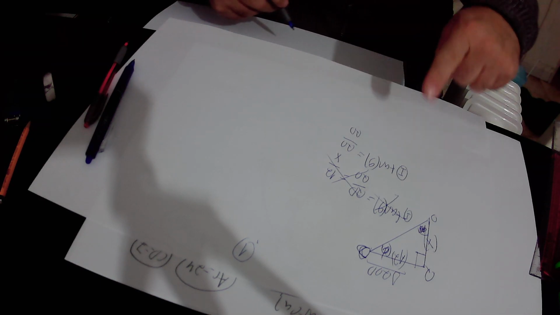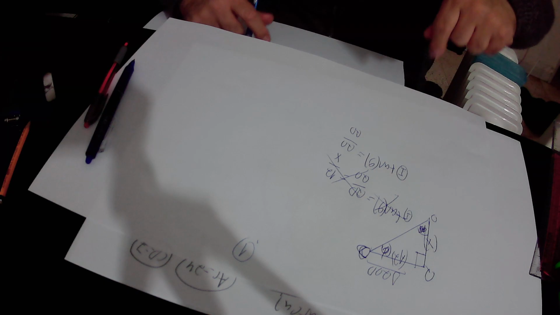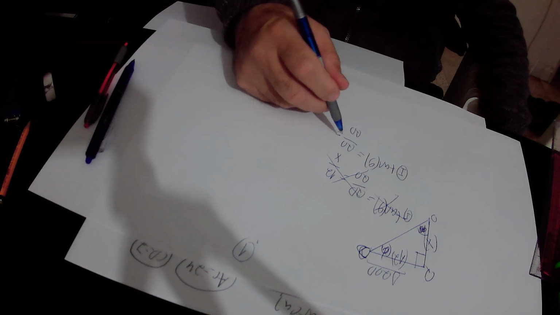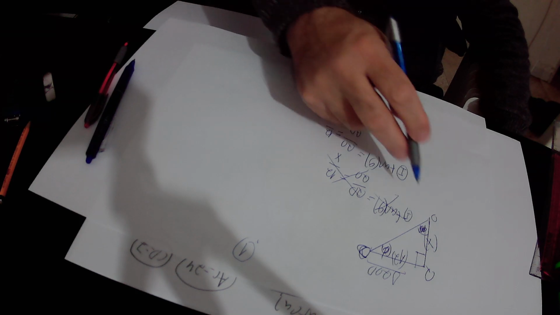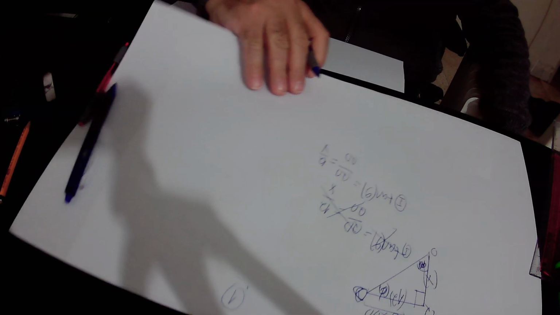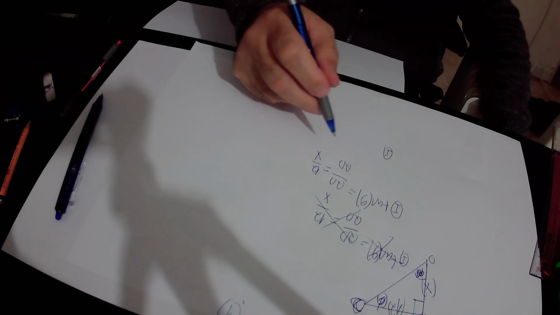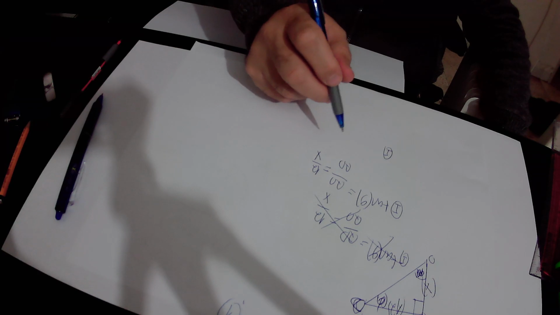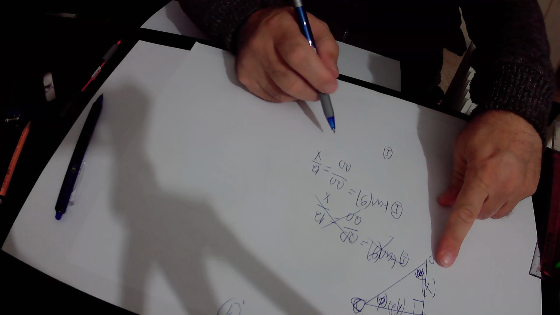But again, tangent alpha in this right triangle QOD equals QO over QD. QO equals x and QD equals 12. So in conclusion, we found out that in this right triangle, tangent alpha equals x over 12.